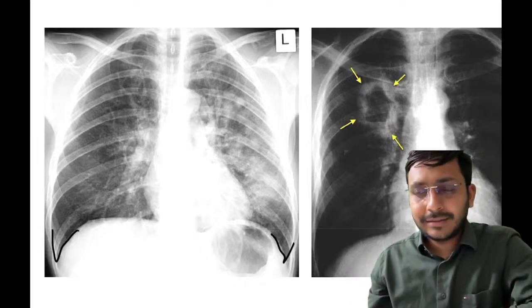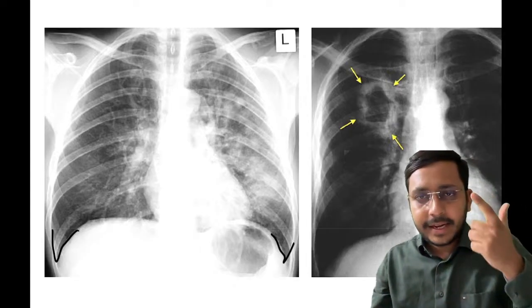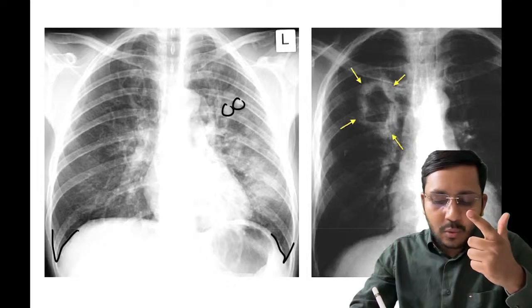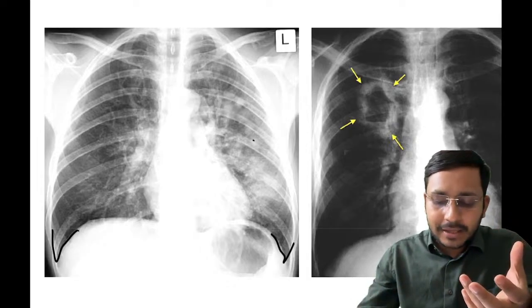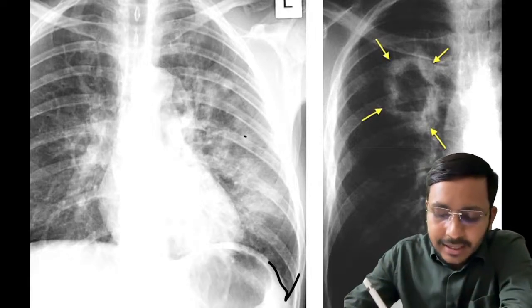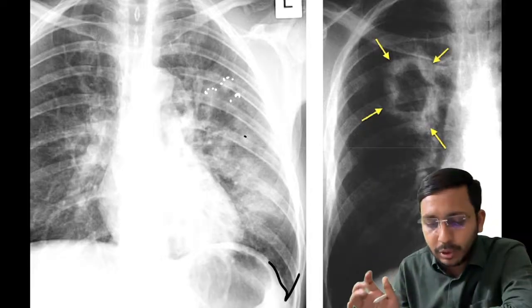Now let's come to the lungs. In the lung, I can see multiple variable size, round, fluffy opacities. We call them fluffy opacities. क्यों? क्योंकि इनके margins बहुत अच्छे से नहीं दिख रहे हैं. Hazy margins हैं, like cloud-like opacities भी बोलते हैं इनको.